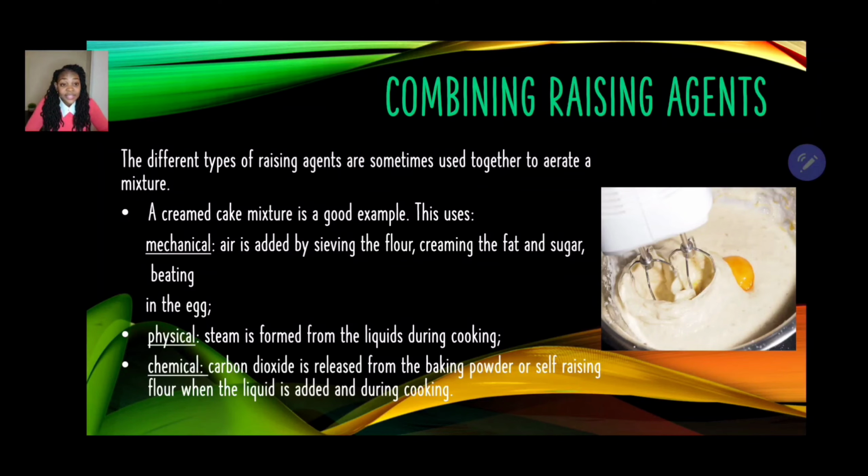As it relates to the physical raising agent, steam is formed from the liquid during cooking. And finally, with the chemical raising agent, carbon dioxide is released from the baking powder or self-rising flour when the liquid is added and during cooking.